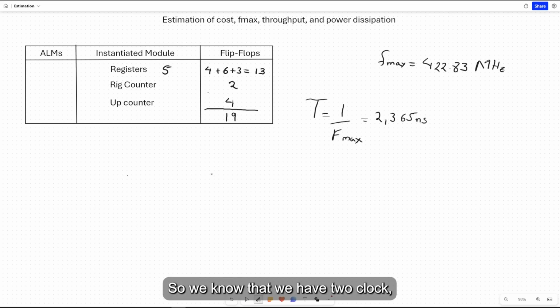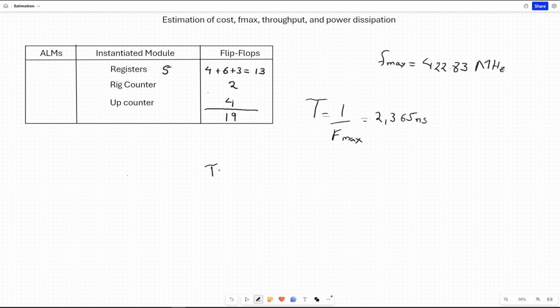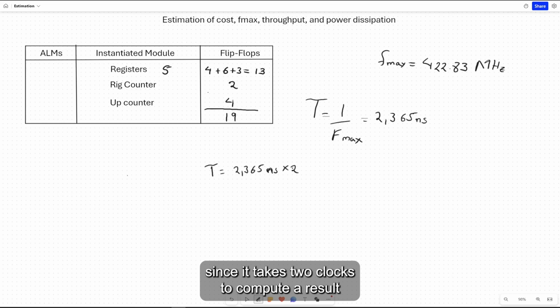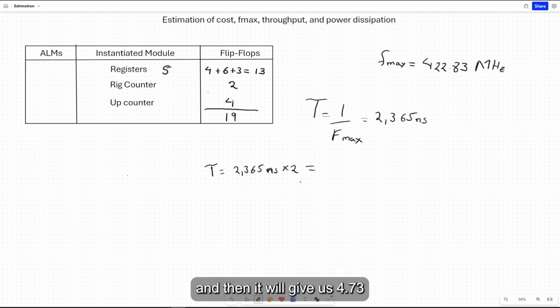So we know that we have 2 clocks, so our period then is equal to 2.365 nanosecond times 2, since it takes 2 clocks to compute the result, and then it will give us 4.73 nanosecond.